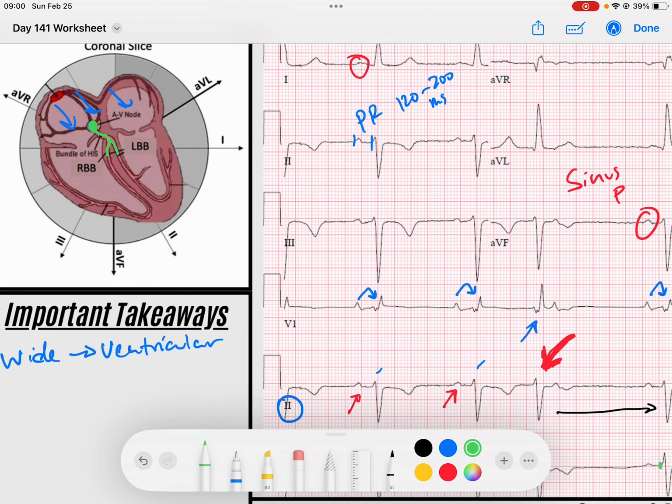So the last thing we're going to do is take a look at this early beat, right? The early beat has a QRS morphology that is the same. And so we know that in that case, it's either a premature atrial contraction or a premature junctional contraction, because both would arise, at least the ventricular depolarization would be following the same path as the normal QRS complex.